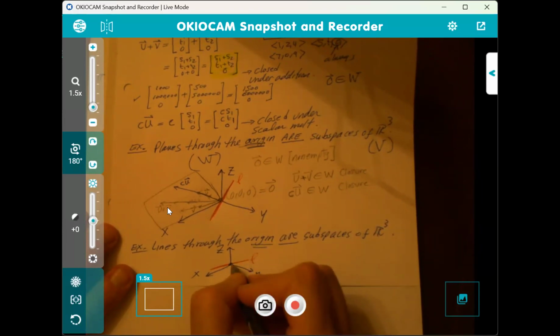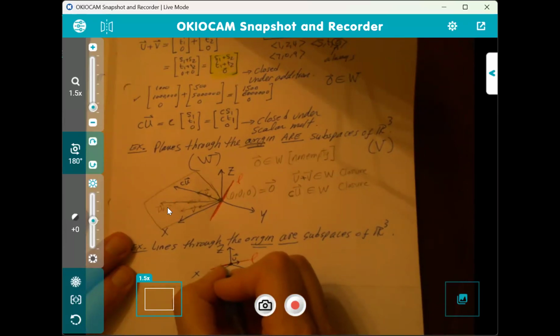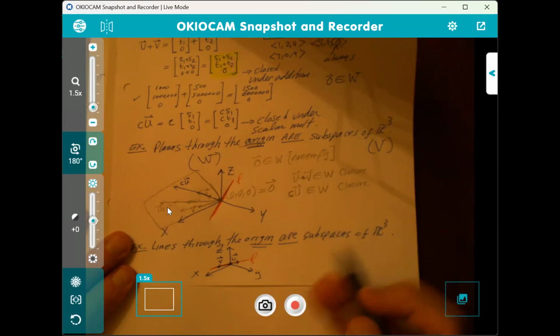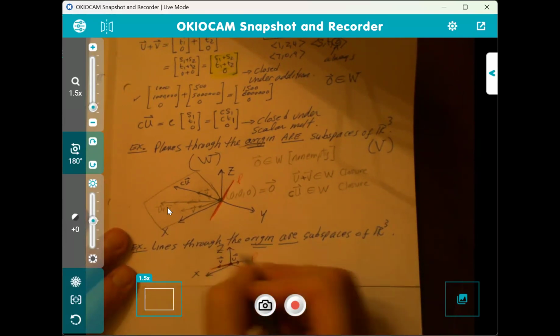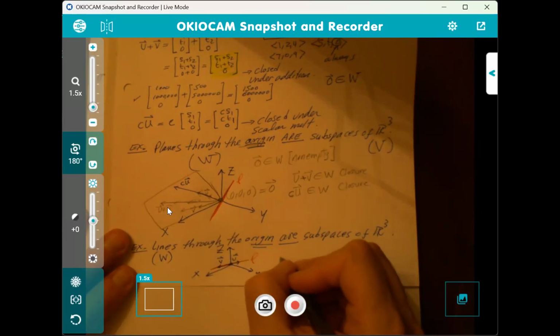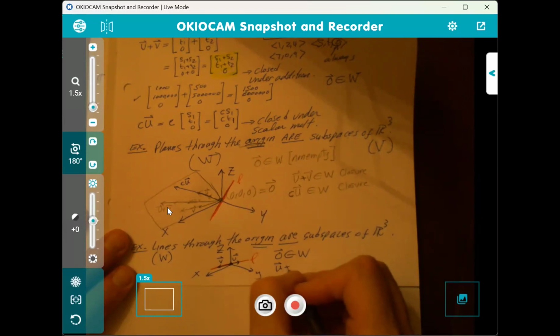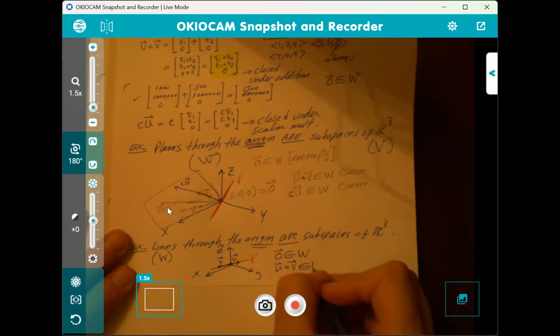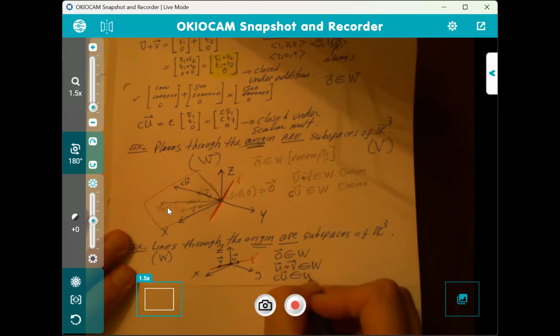And now you can also see if you have a vector, for instance, this is vector U, and this is vector V. Would you agree that the sum of these two vectors lies along this line, right? So this is my set W. Again, zero is in W. Sum of two vectors will be in W, and the scalar multiple will be in W.